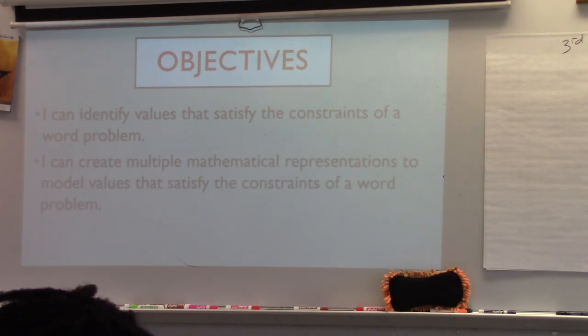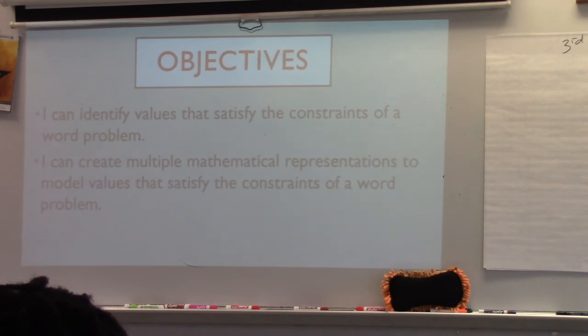There was only a certain amount of space that they could fit their cats and their dogs into to make money. They only had so much money to be buying cages for both the dogs and the cats. So there were constraints, there were limitations to what they could do. We still want to find values that satisfy those constraints.